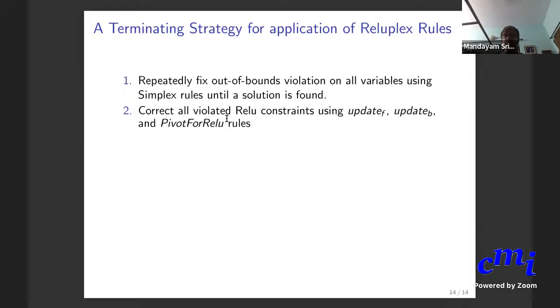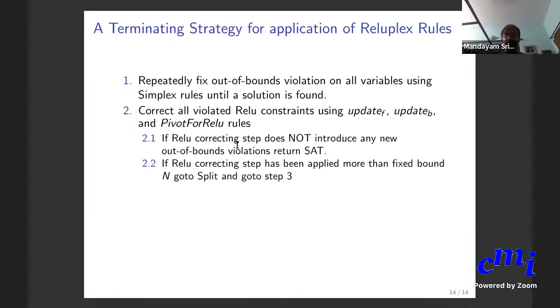If there are violations of ReLU constraints, then you correct them by using update F or update B, as the case may be, and using pivot for ReLU as required, because there are situations where both the forward and the backward node can end up being basic. Then you keep repeating it.